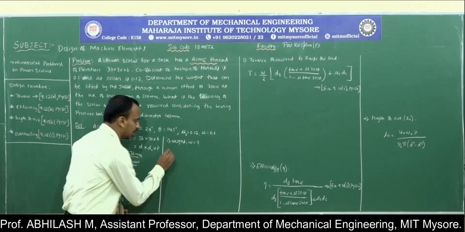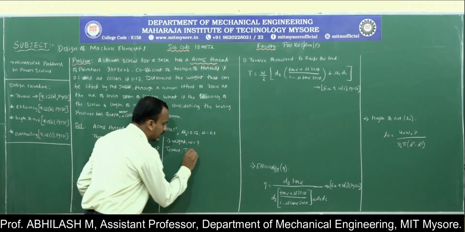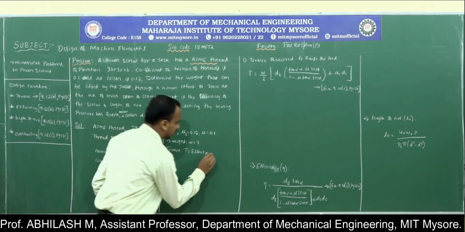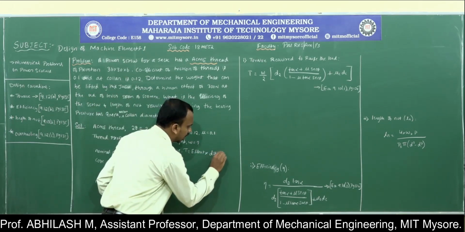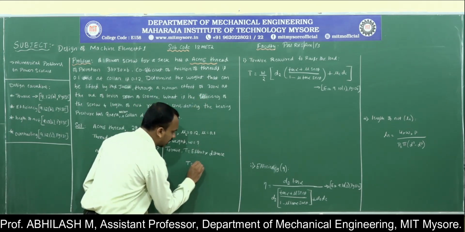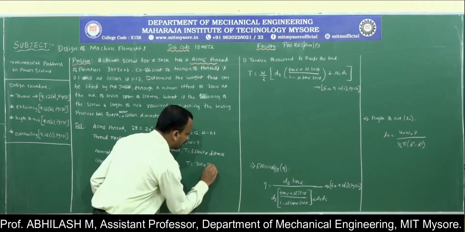So the torque T is equal to the effort that I am going to apply into the perpendicular distance. So the torque is equal to the effort that I am applying, 300, into the distance it is acting at, 500.